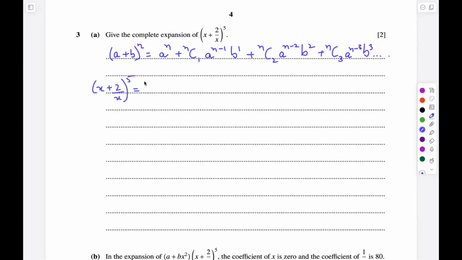So this will become x^5, which is a, plus 5C1. A is x, so this will become x^(5-1).